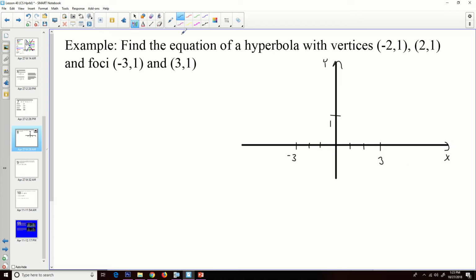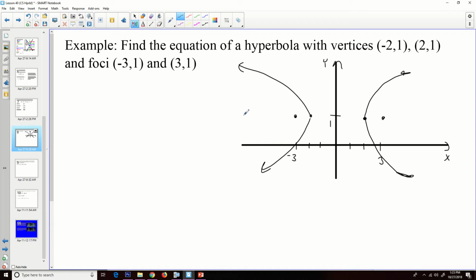And so my vertices are at (-2, 1) and (2, 1), and my foci are here and here. So I've got a graph that's going to look kind of like this, and it's not perfect. We're just trying to get a general idea of what we're doing here.